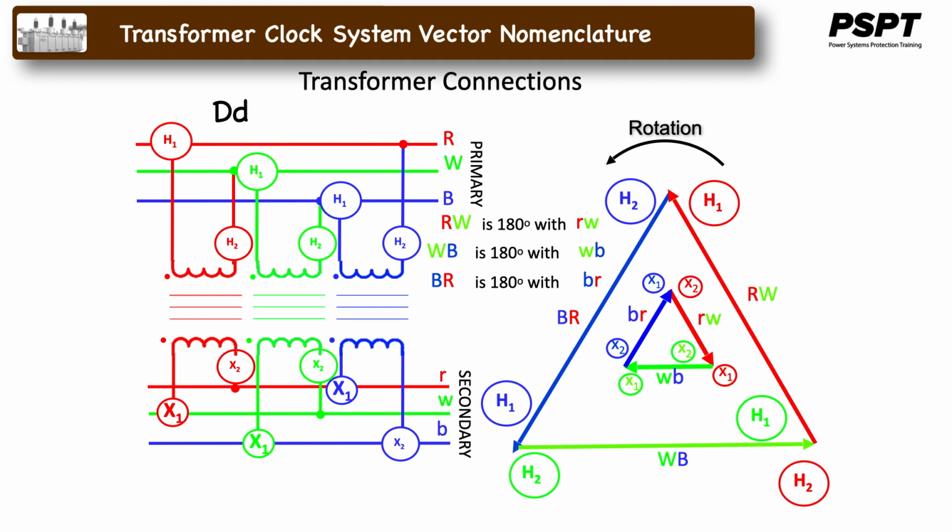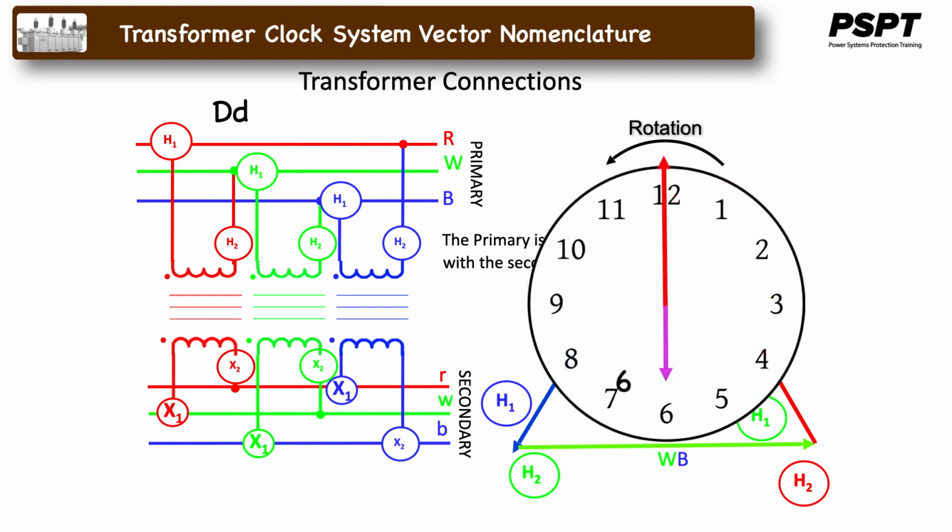And in general terms, we would say that the primary is 180 degrees out of phase with the secondary. The clock face nomenclature would then be DD6, indicating this 180 degree phase shift.